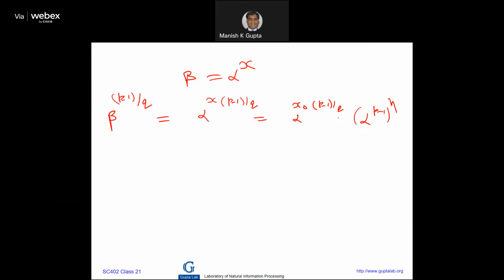Any idea what is this value? Since order of alpha is p minus 1, this value will be 1 anyway. So we are left with alpha raised to power x naught times (p minus 1) by q, right? Okay.